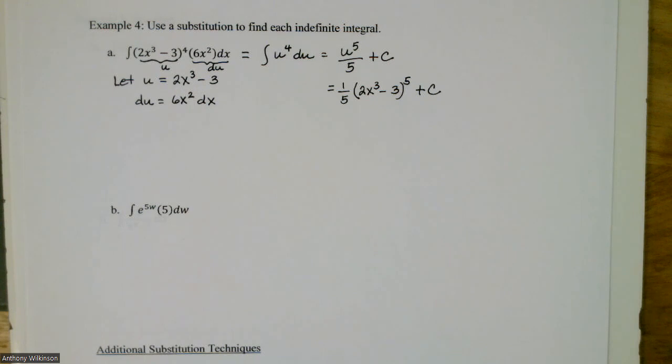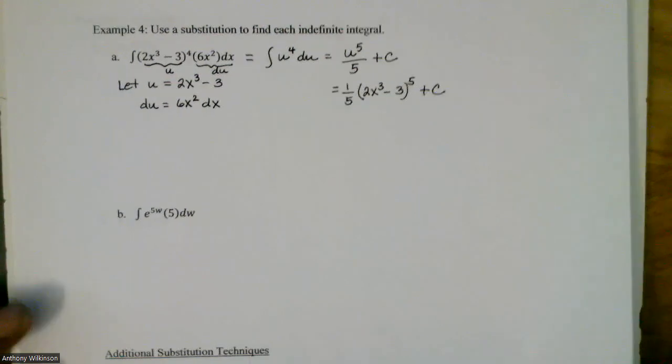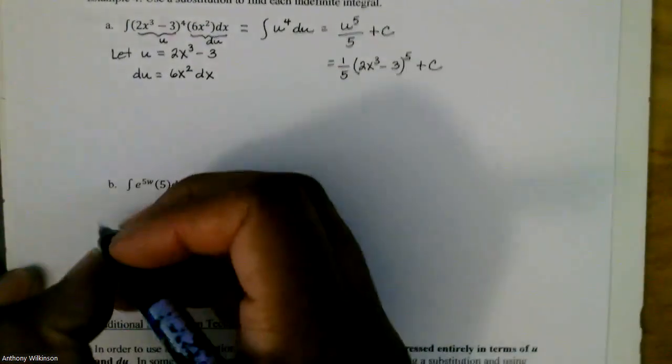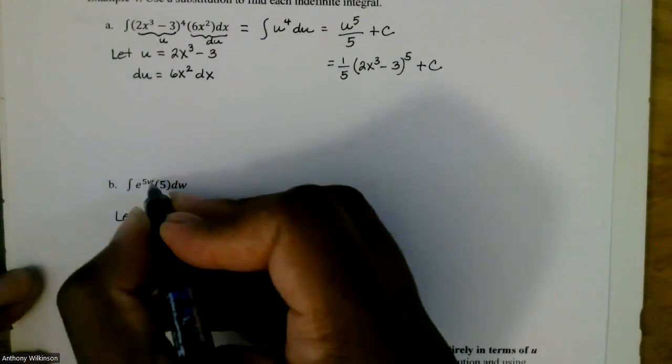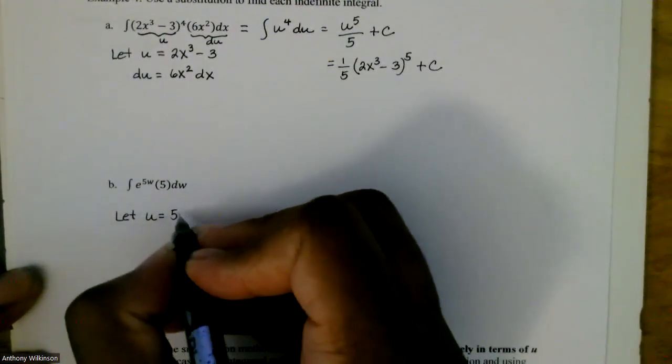And in part B, that's pretty much similar to one of the examples that I've already did in example 1, but the only thing different here is the variables change. The integral of e to the 5w times 5 dw. Now we're going to use that substitution by letting u equal to the exponent for the e, which is 5w.